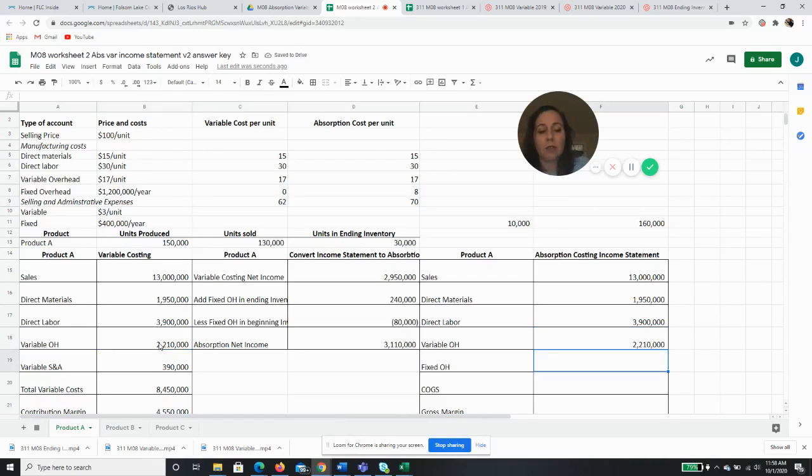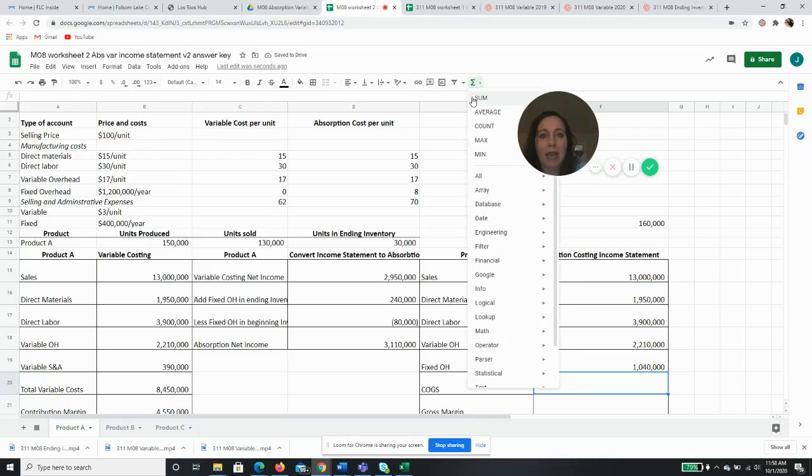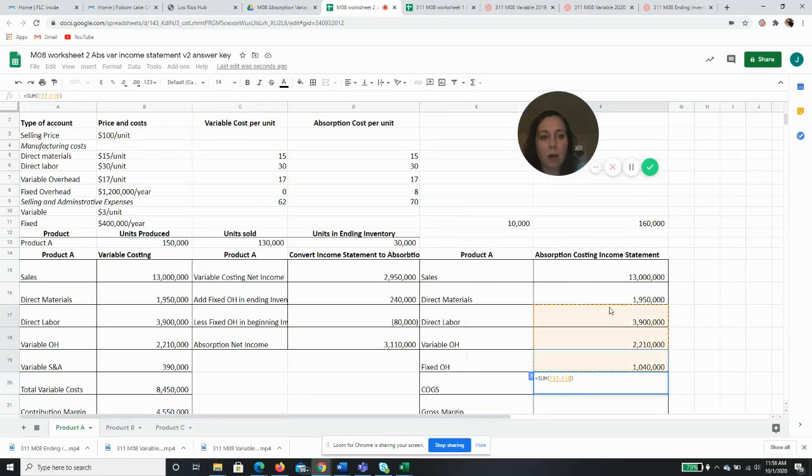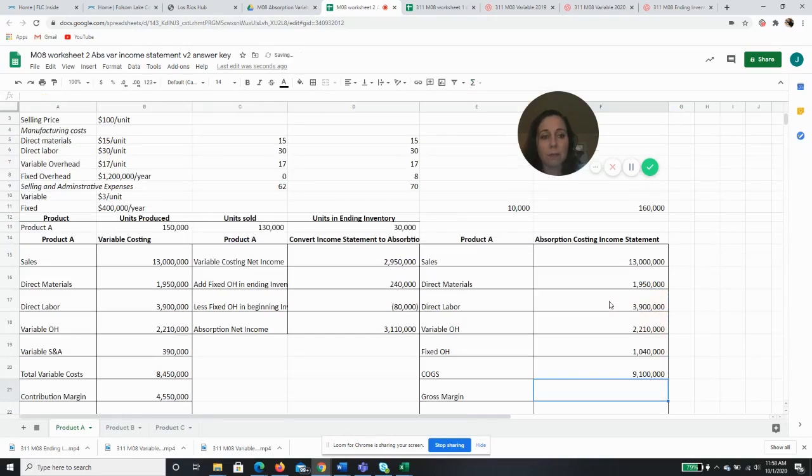Fixed overhead is going to be the number of units we sold, 130,000, times fixed overhead per unit under absorption costing, which is 8, for 1,040,000. And I'm going to add up all of my product costs under absorption, and I'm going to get a total of 9.1 million.